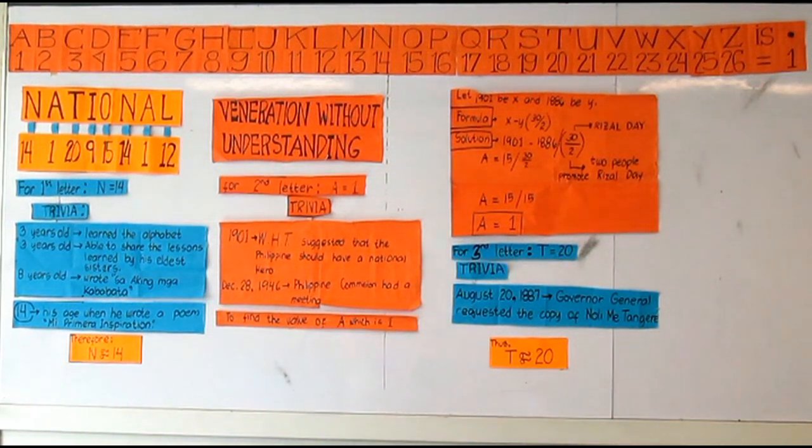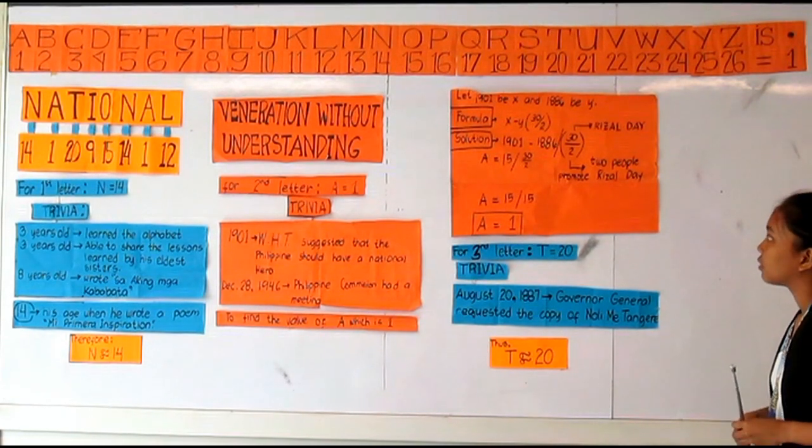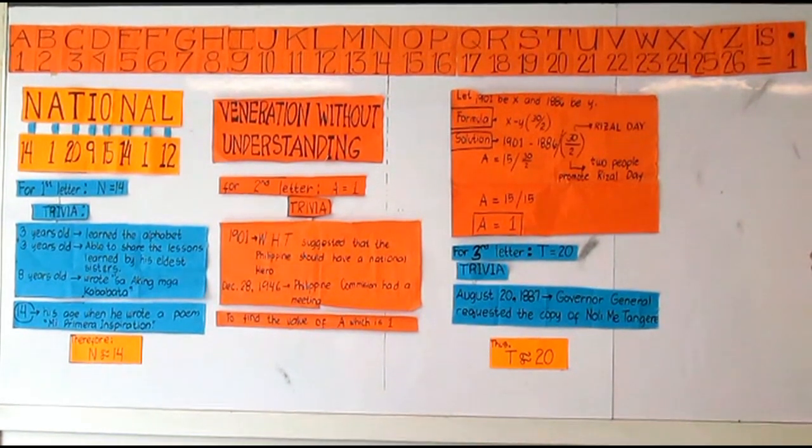And that day is the start of Rizal Day that we celebrate every 30th of December. Rizal was provoked by them because they acknowledged Rizal's bravery in disclosing how abusive the Spaniards were to our country and our countrymen through his novels, Noli Me Tangere and El Filibusterismo, that he finished in the year 1886.